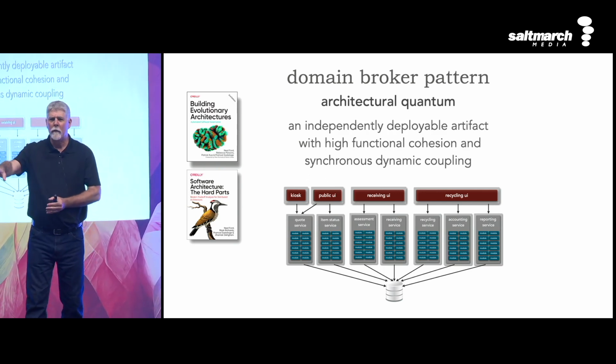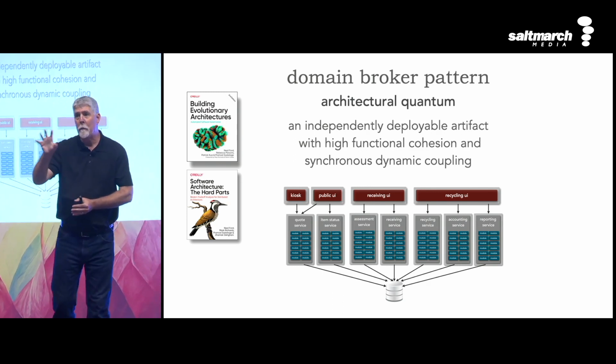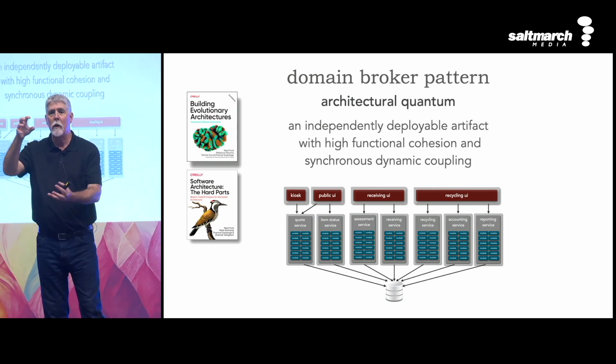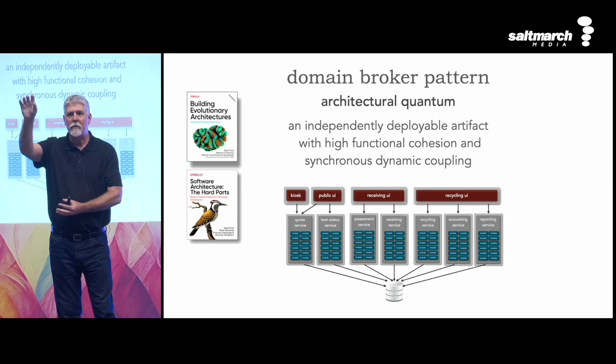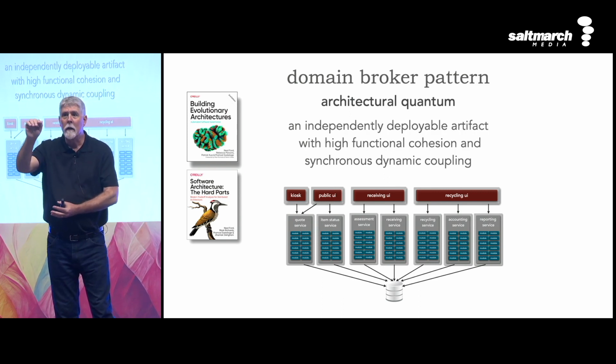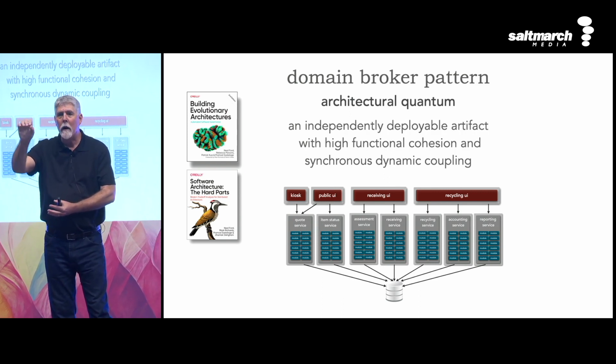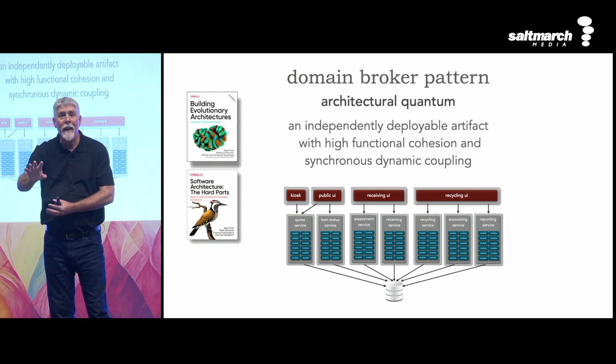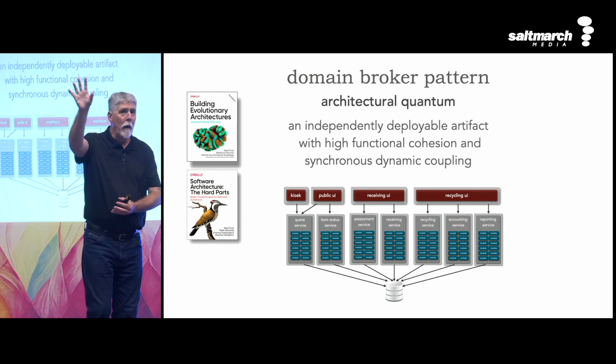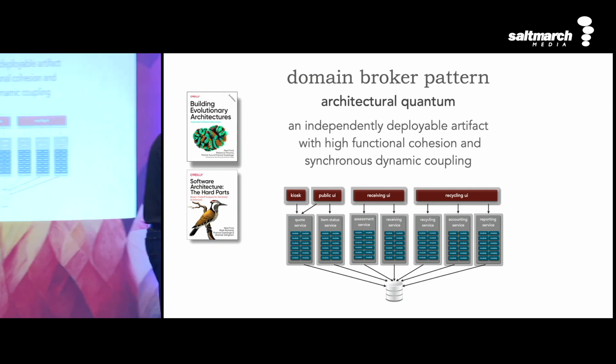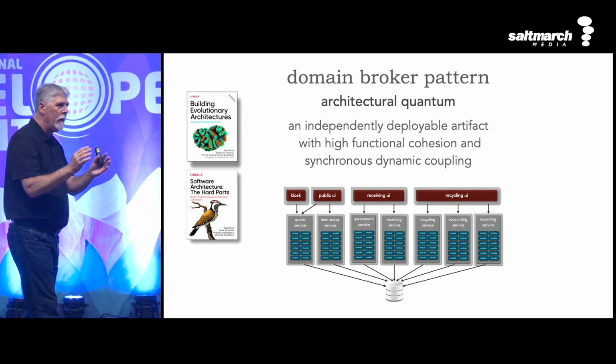It's not a single service. It's all the parts needed for high functional cohesion. The user interface is required. The gateway is required. The service is required. And the database is required. If any one of those four parts is not available, I can't process. I'm dependent on those. That's what I mean.